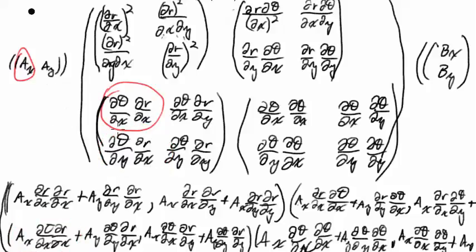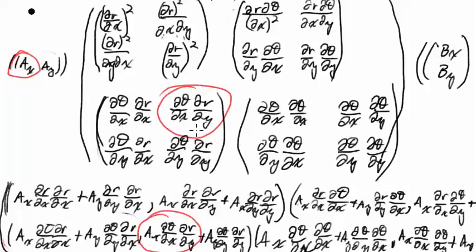A sub x times ∂θ/∂x ∂r/∂x gives that, plus a sub y times ∂θ/∂y ∂r/∂x gives that. Then a sub x times ∂θ/∂x ∂r/∂y plus a sub y times ∂θ/∂y ∂r/∂y gives that.